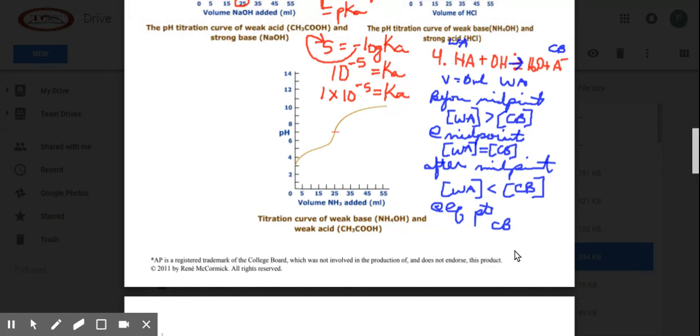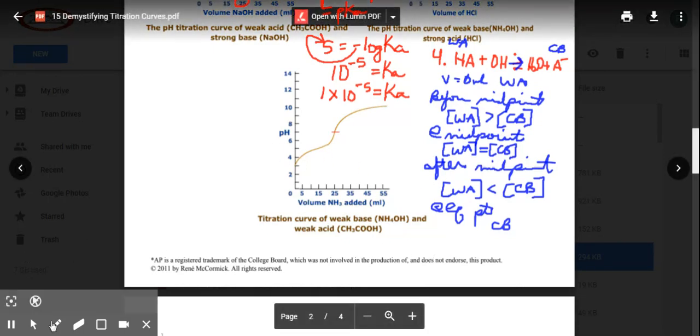Well, a conjugate base and a strong base don't really react with one another. It's always an acid and a base. The opposites have to react with one another. So because I have conjugate base there, but I'm also still adding more strong base, you just have some OH minus floating around and the conjugate base floating around.